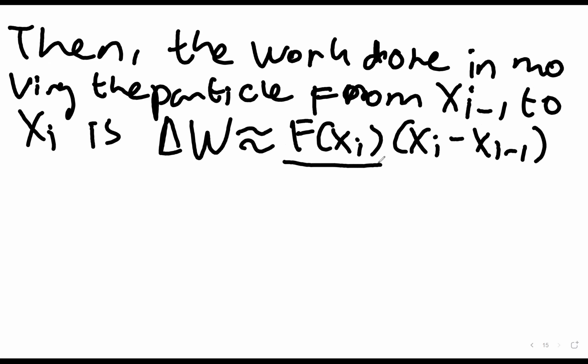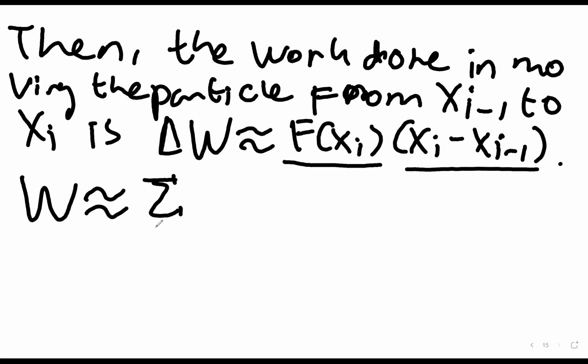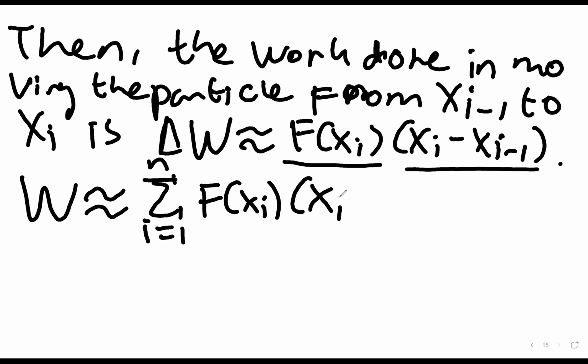So you'll see that this is the force, and this is the displacement. And the total work W is approximately just the summation, i equals 1 until n, of f(x_i)(x_i minus x_{i-1}).